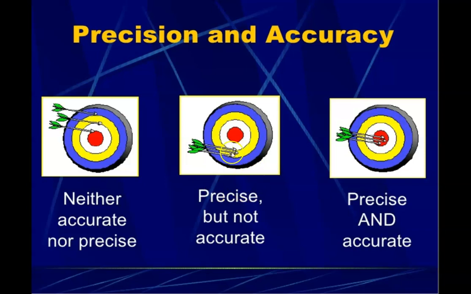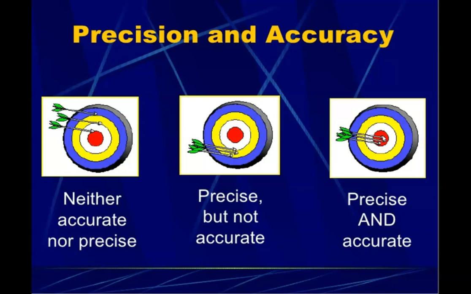Now here you'll notice we're hitting that yellow every time, about that same spot, and so that's being pretty precise but not necessarily accurate. Accurate and precise would be doing the experiment several times, not only getting close to the same answer, but getting close to the same correct answer every time.